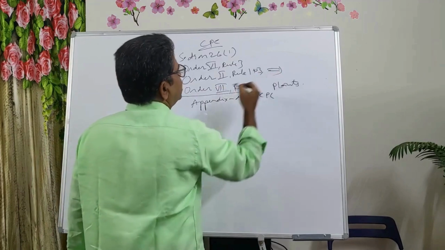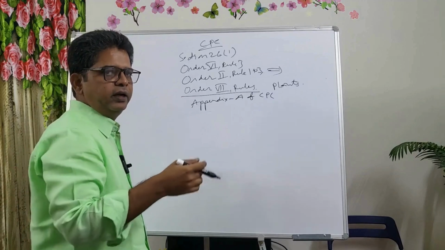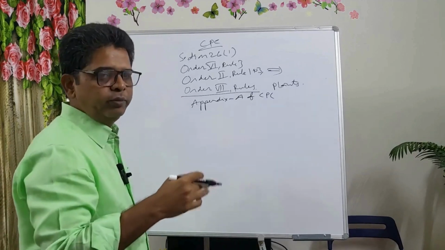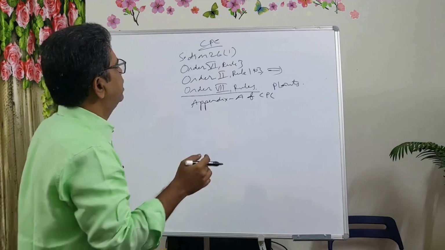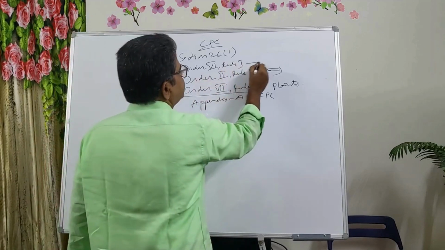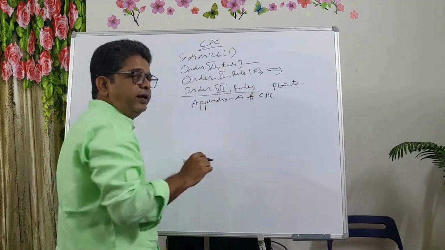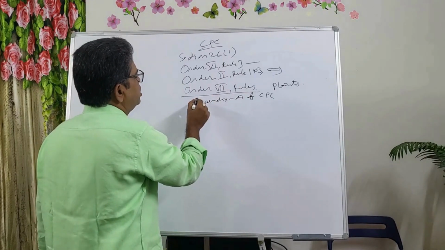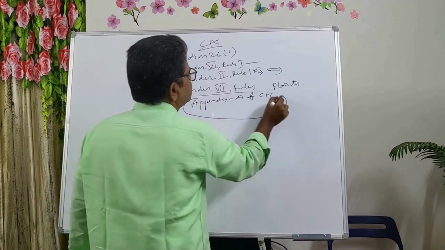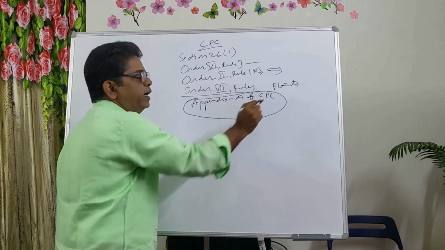Just now we discussed Order 2, Rules 1 to 3, to prevent further litigation, to claim all the reliefs and to join causes of action. And Order 6, Rule 3 says that while preparing the plaint and the written statement, pleadings generally, you should take into consideration the forms and models of plaints and written statements mentioned in Appendix A of CPC.